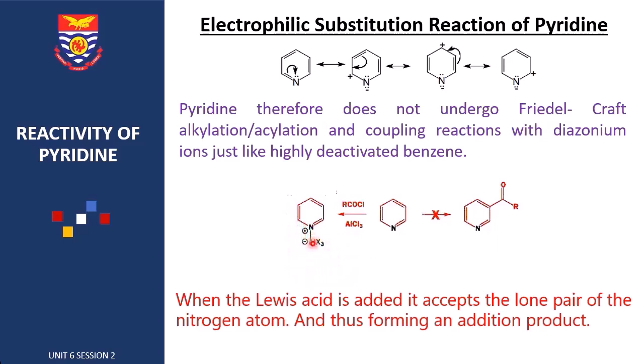So this is what is happening. It forms a different bond, preventing the acid chloride from attacking the ring. So this product is never formed. In Friedel-Crafts alkylation, it's not possible. In acylation, it's not possible because the acid reacts with the nitrogen to form an adduct. So please take note of that.